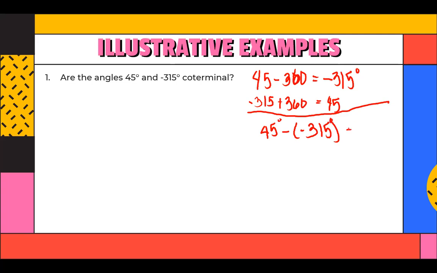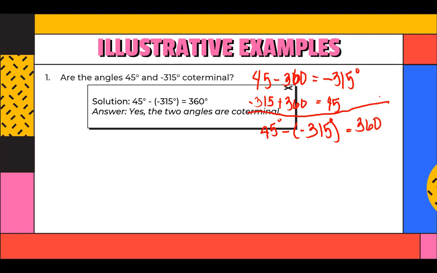Using your calculators, this will be equal to 360. Therefore, yes, these two angles are coterminal because if we find their difference, the answer is a multiple of 360.